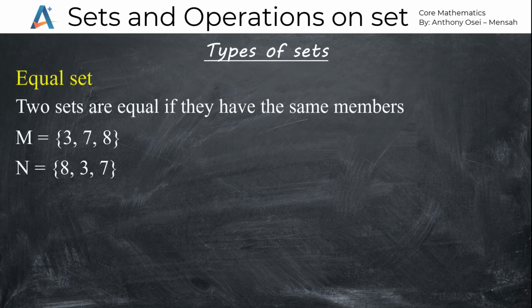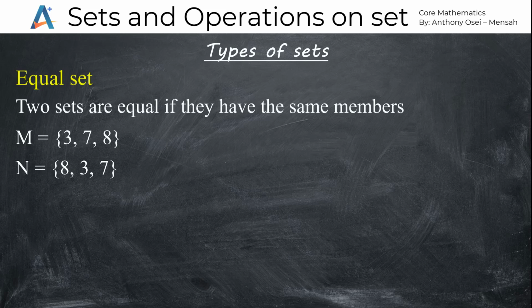Now if you check, the members in set M are 3, 7, and 8. And the members in set N are also 8, 3, and 7. Comparing them, we have 7 in M and 7 in N, 3 in M and 3 in N, and 8 in both M and N. So in view of this appearance, we can say that set M and set N are equal sets.